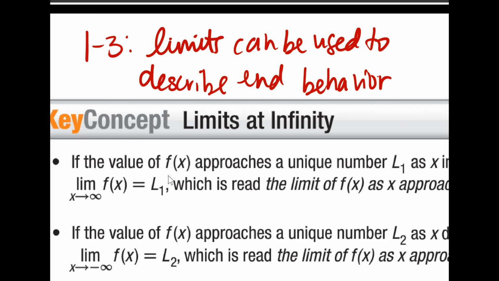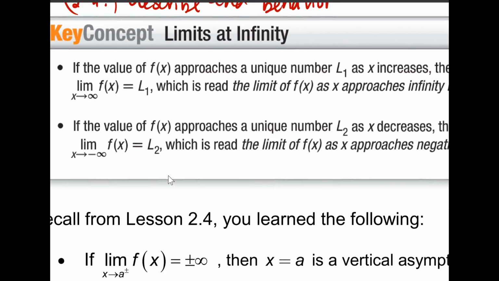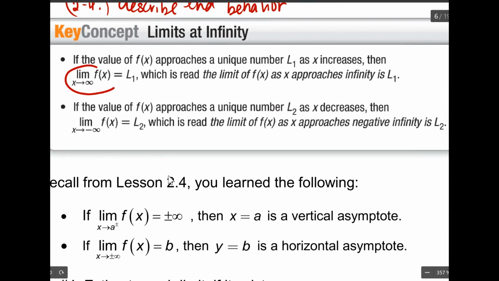The limit of f of x as x approaches infinity, the end behavior, that's from 1.3. And I think we talked about this in 2.4 as well. Okay, so limits at infinity. As x approaches infinity, as x approaches negative infinity, what's happening?